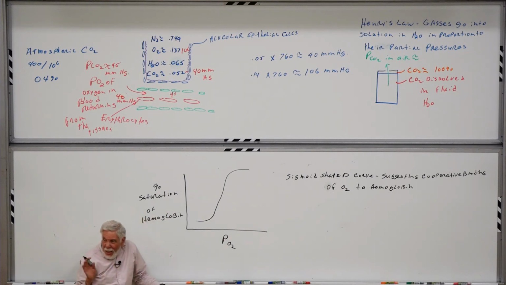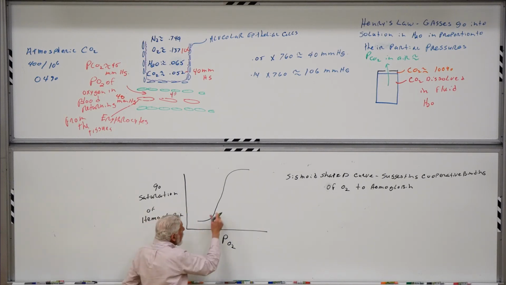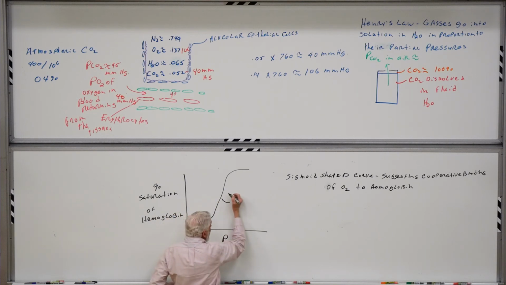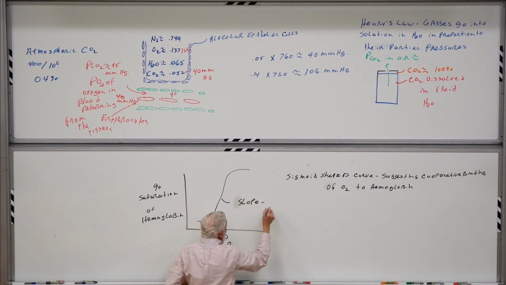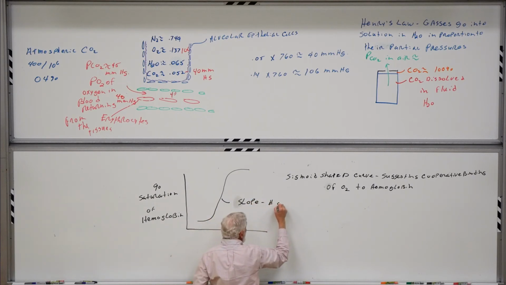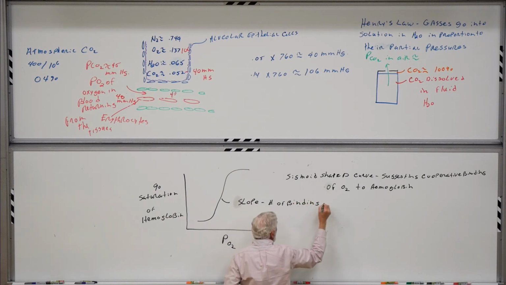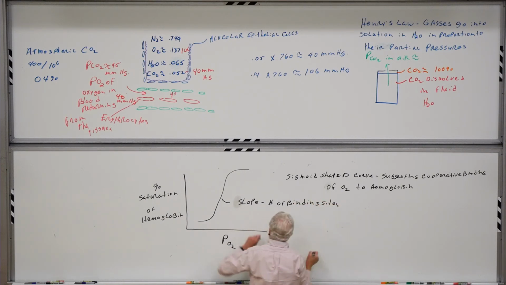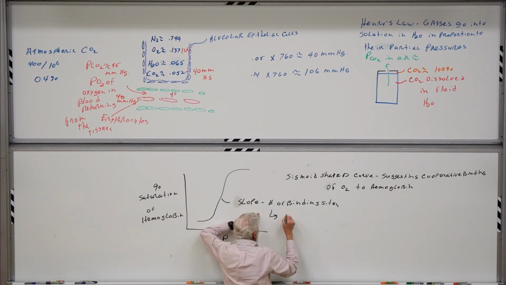Now, if you get down to the nuts and bolts of this, you can do this kind of plot for any number of molecules. You can look at this in pharmacology, and you can look at this in enzymology. And you end up with a slope here. And the slope tells you the number of binding sites. This slope has a name in physical chemistry and pharmacology.